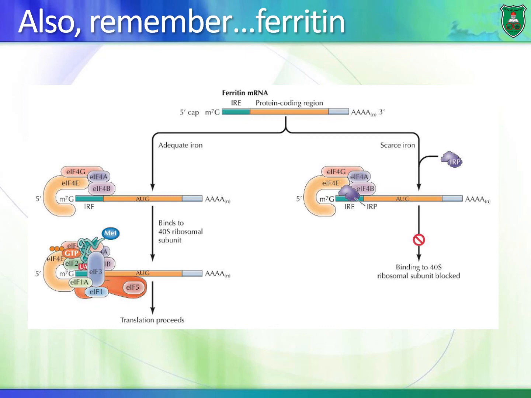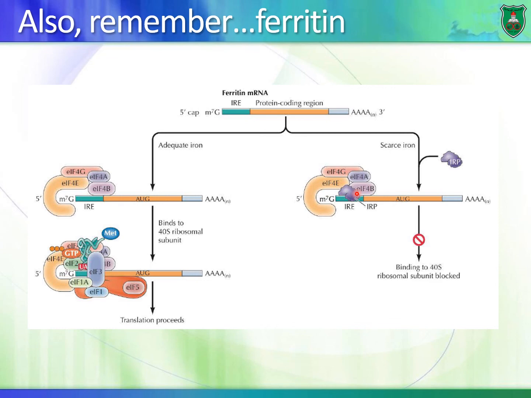Remember how we talked about the regulation of ferritin and transferrin receptor, and we said that we have the iron response element binding protein, binding to the iron response element, and this protein, when it's bound, it stops translation.